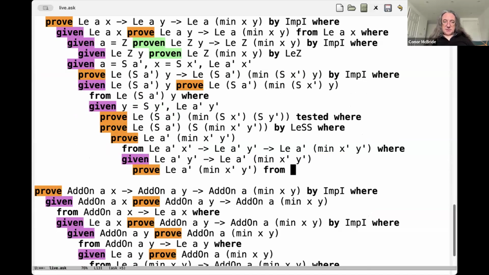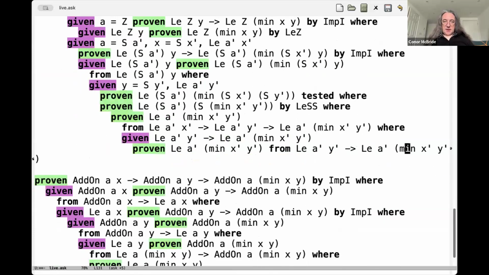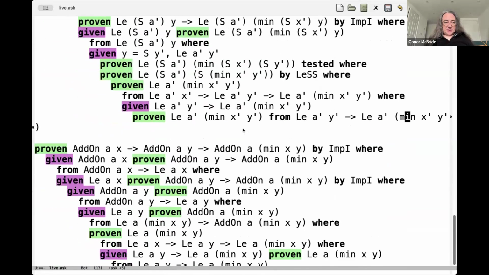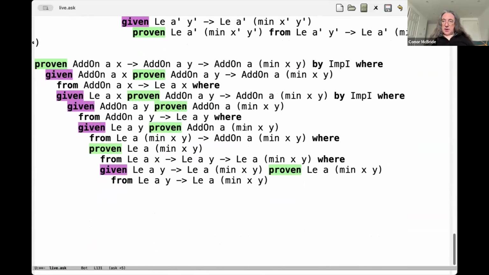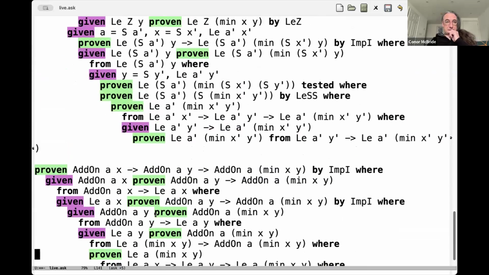Again, it's a two-step from. Do that. And then we're done, because we had all of those pieces. And now we have made it all the way to the end. Okie dokie.